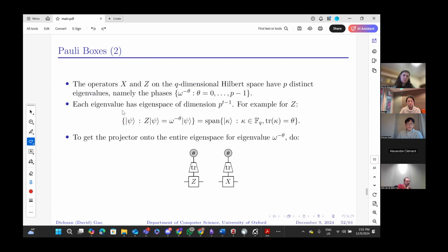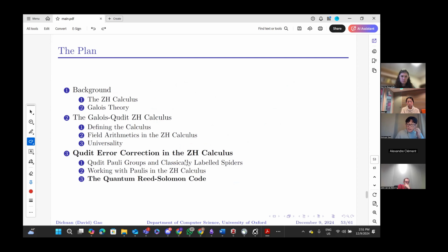And so to get the projector onto an entire eigenspace for a fixed eigenvalue, you actually need to do this with your Pauli boxes. So you apply to your control the adjoint of the field trace map, which we defined earlier. Okay, so that's the Pauli boxes.